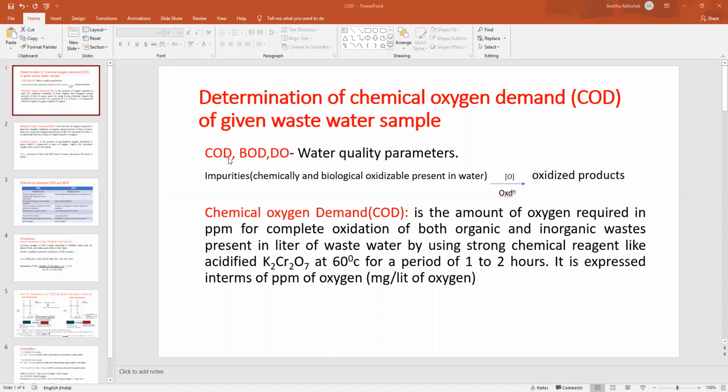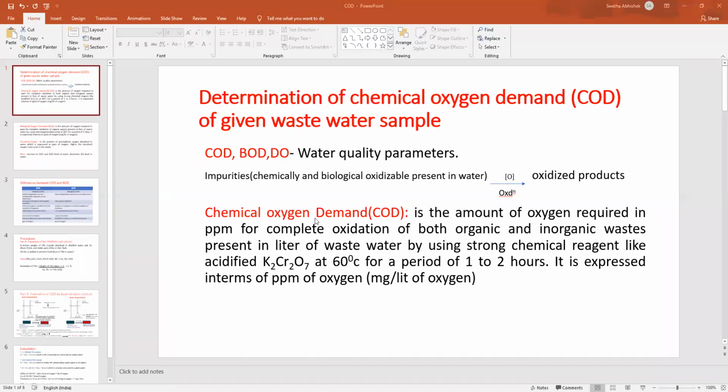So chemical oxygen demand is the demand for oxygen by the water due to the presence of impurities which can be chemically oxidizable. Okay, now let me explain what is chemical oxygen demand, what is biological oxygen demand, what is dissolved oxygen, and how they are related.